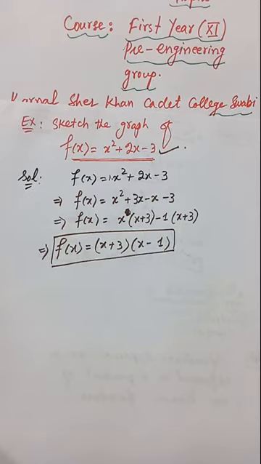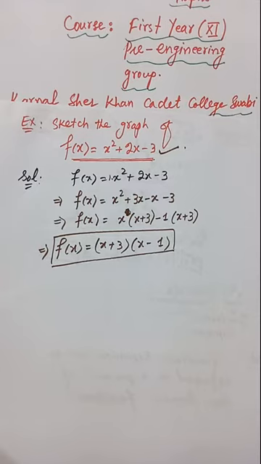Now, to sketch the graph, we need to find the points which lie on the graph of the function. Or in other words, you need those points in a plane through which the graph of the function passes.